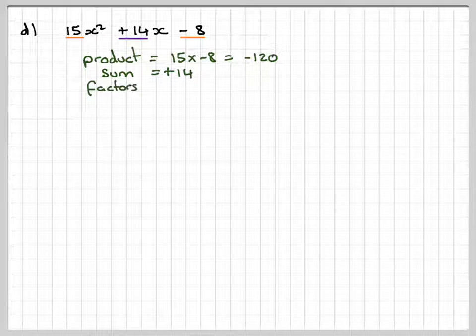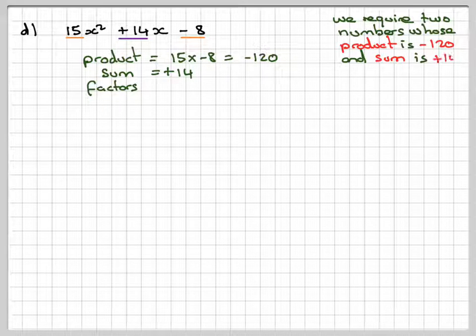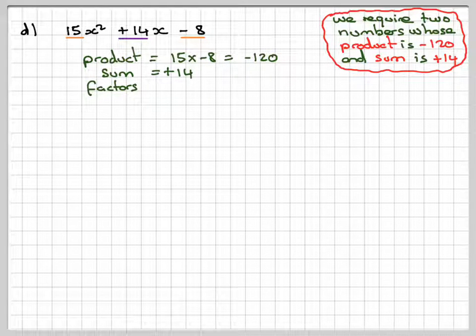Again, we need two numbers whose product is minus 120 and sum is 14. Again, I would ask you to pause the video and try to find two numbers whose product is minus 120 and, using the same numbers, when you add them together, you get plus 14.